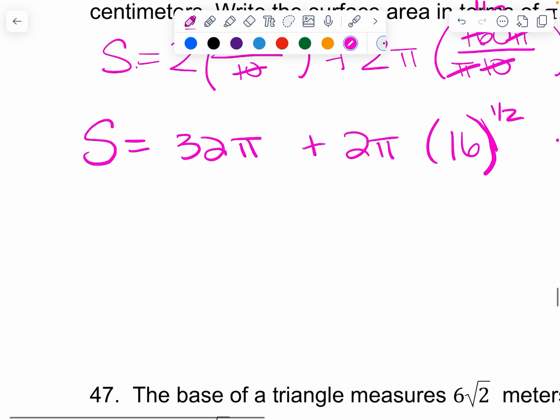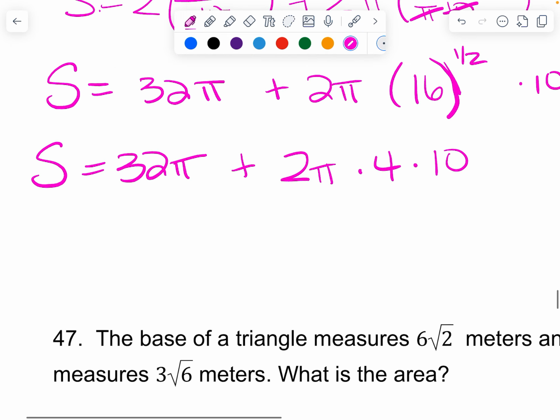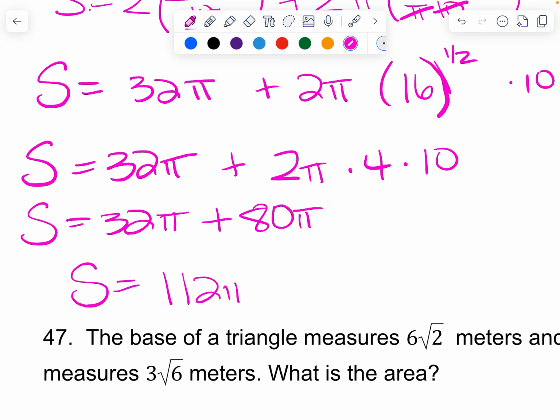Okay, I'm going to come over here. And we have 2 pi times 4 times 10, because the square root of 16 is 4. So I get 32 pi plus, that's going to be 80 pi. So I get surface area is 112 pi units squared.